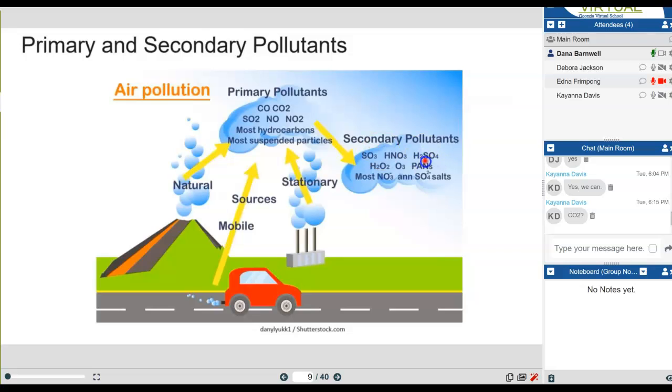So you've got H2O coming together and reacting with the sulfur trioxide to make sulfuric acid. And so you can have this sulfuric acid fall as acid deposition, or you can have this sulfuric acid fall to the ground as acid rain. So that would be an example of how sulfur dioxide, a primary pollutant, is turned into a secondary pollutant in that process.